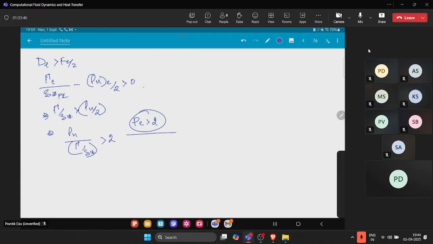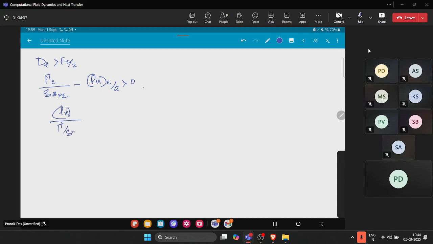Okay. Sorry, I'm doing something wrong. So this rho U by gamma by delta X should be less than 2. Okay. So Peclet number less than 2.